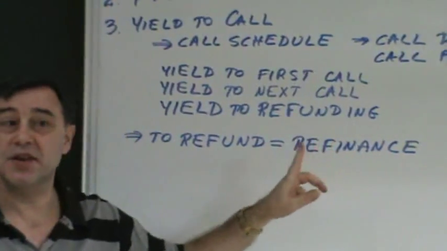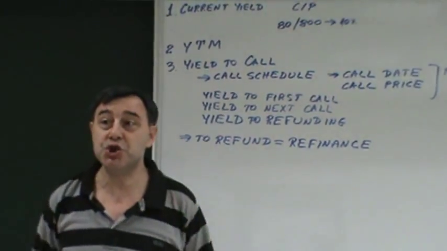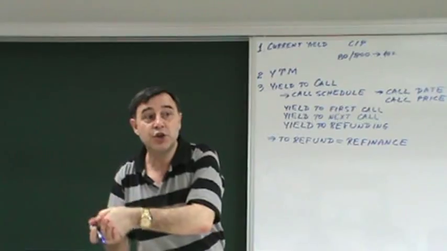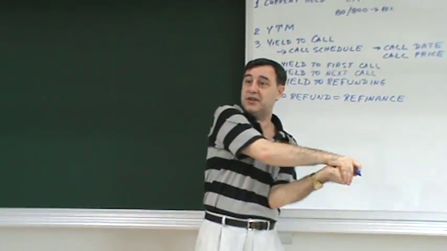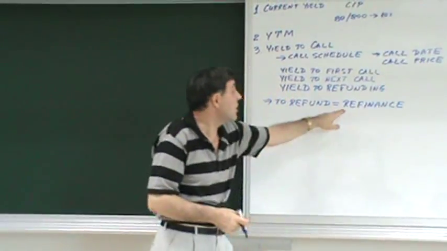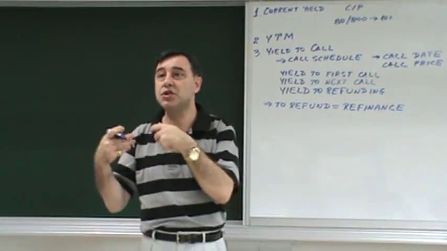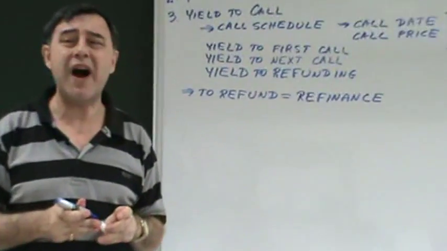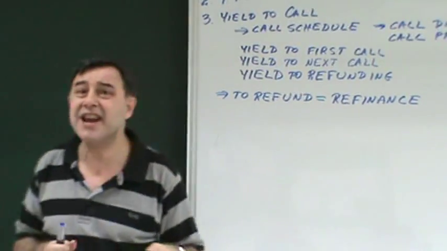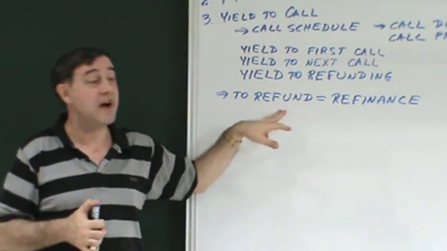Refinancing or refunding means issuing new debt to pay the old debts. Okay, that's refinancing. Issuing new debt to pay the old debt. Well, why would a corporation, any issuer, want to refund or refinance?